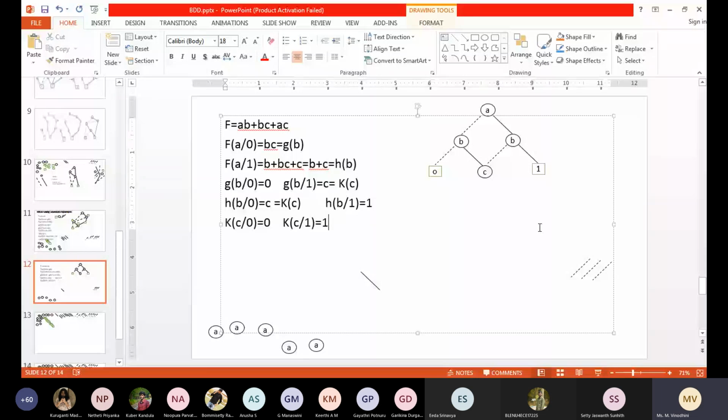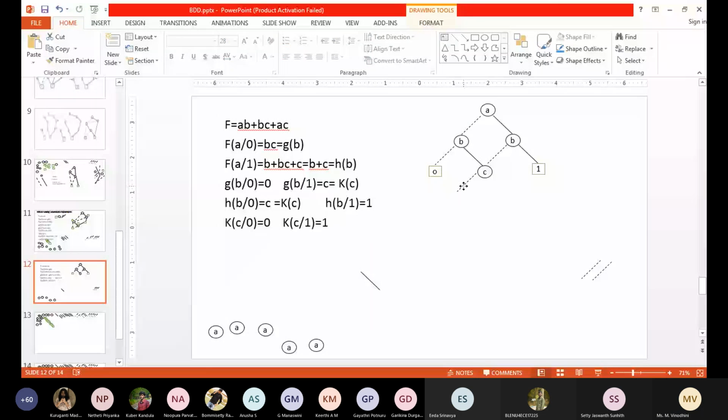Next, this K of C, when it is 0, it is going to 0. K of C, when it is 1, it is going to 1. That's it, right? Is there any redundant node? No, ma'am. No redundant.